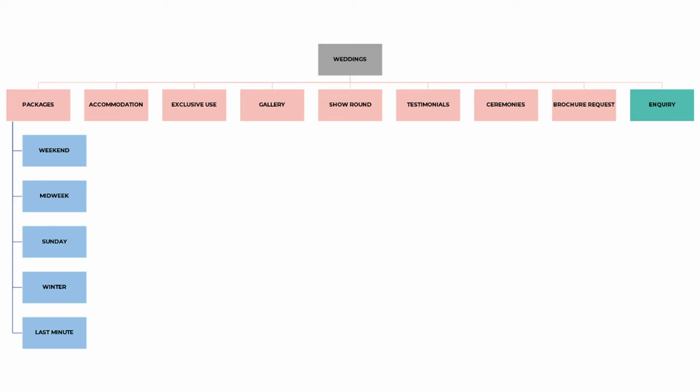Exclusive use is a highly searched for term. A lot of people would rather go for that, so they've got the venue to themselves, and having a page there means that you can rank for exclusive use in your location, whether that be Edinburgh, the Highlands, London, whatever that may be. You also have things like a gallery page, to showcase the best images you've got for that wedding.